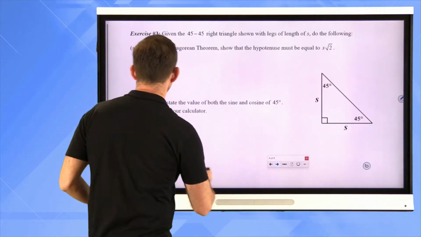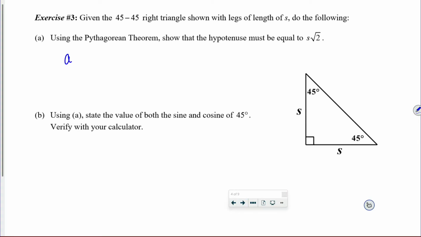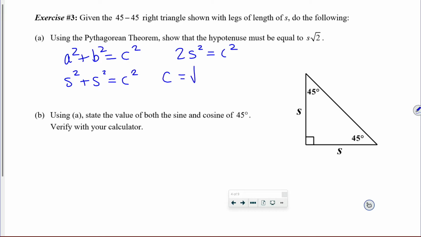Let's prove it, right? The Pythagorean theorem says a squared plus b squared equals c squared. We have s squared plus s squared is equal to c squared. s squared plus s squared is 2s squared, equal to c squared. That means c must be the square root of 2 times s squared. So c would be the square root of s squared times the square root of 2.